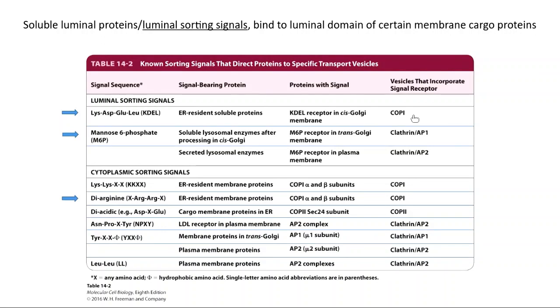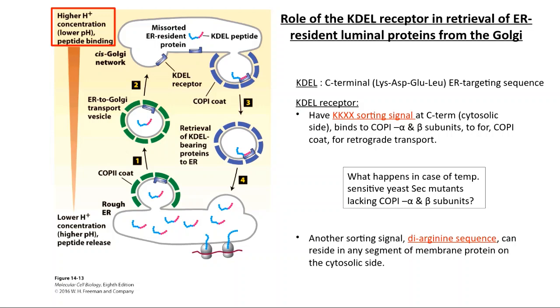Now, having this information, this is how it looks as a pictorial depiction. These red color signals are basically the KDEL peptide. These are the sequences at the C terminus, that is the C terminus ER targeting sequence.